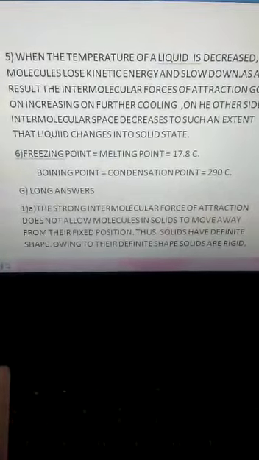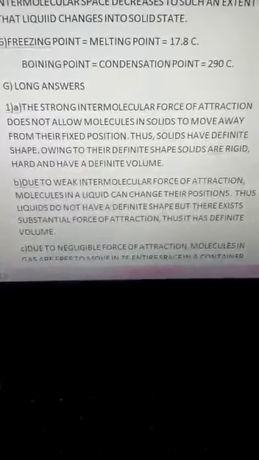This is the process of freezing. Now freezing point and melting point are the reverse process, so they are the same, 17.8 degrees Celsius, and boiling point and condensation point will remain the same, 290 degrees Celsius. Those are the reverse processes of each other.